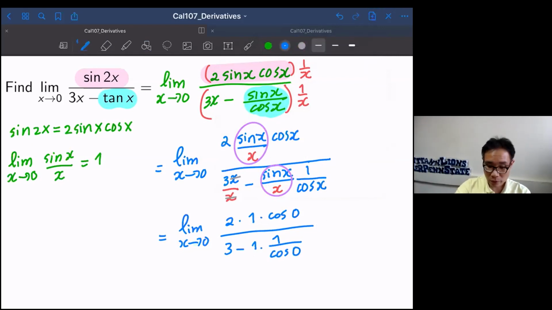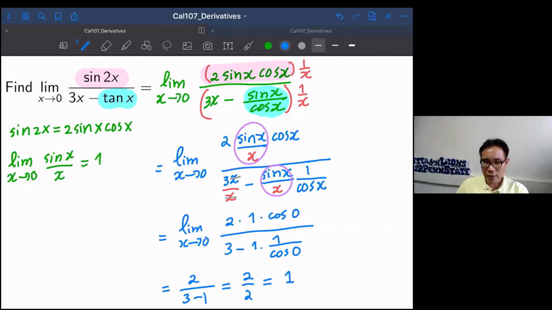This turns out to be 2 on top, and 3 minus 1 on the bottom, so it's 2 over 2, which equals 1. So this limit is equal to 1.